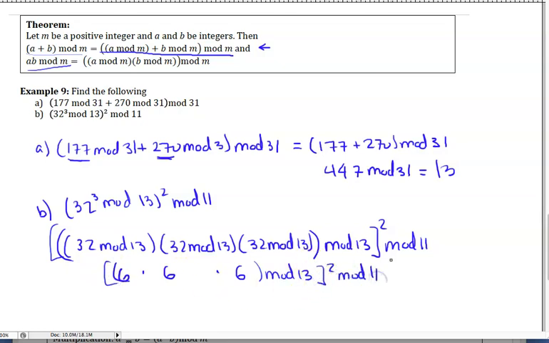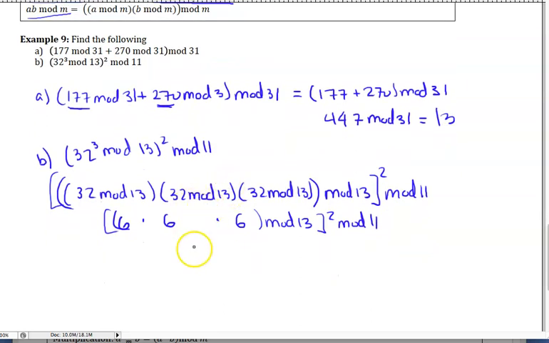So this is 216 mod 13, squared. And I can do this division. 216 divided by 13, I've got to find the remainder of that. 216 divided by 13 goes 16 times with a remainder of 8.